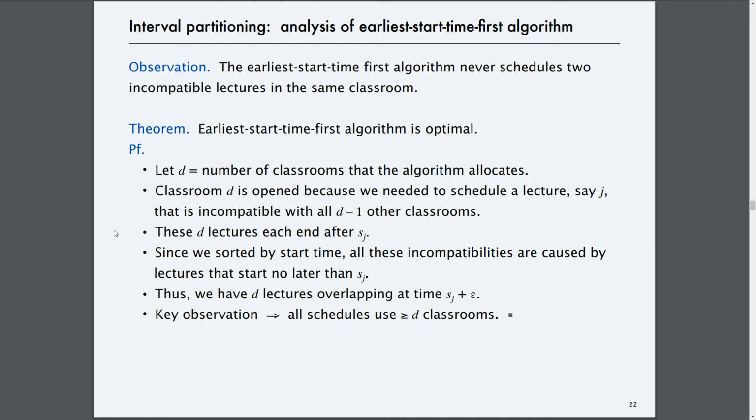We opened classroom D only because we needed to schedule a lecture. That's denoted by J. And that lecture is incompatible with all other D-1 classrooms. So we only do it out of necessity.